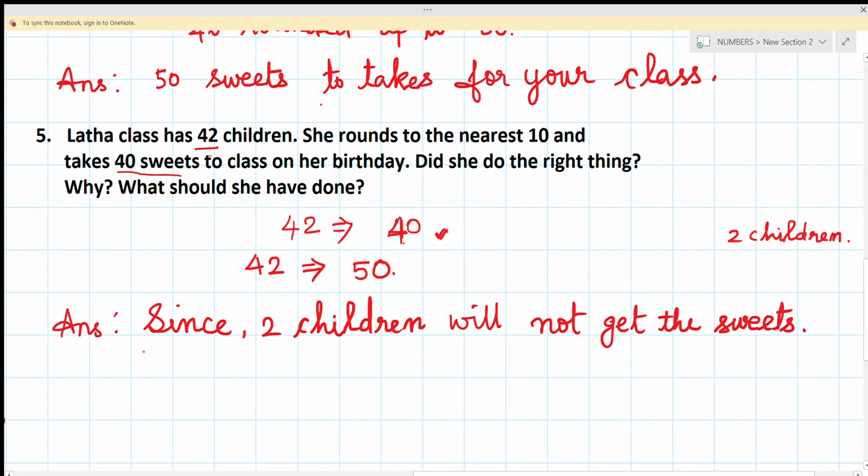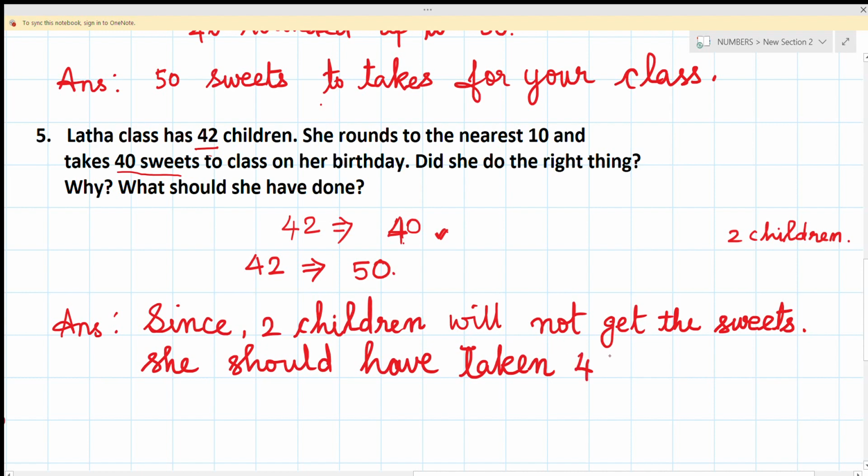She should have taken exactly 42 sweets, or she should have rounded up and taken 50 sweets.